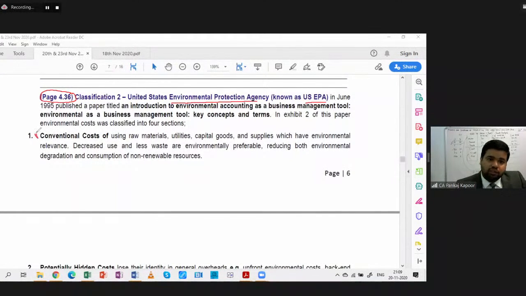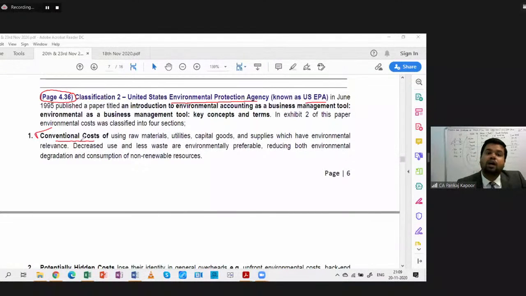What are those categories? The first category is the conventional cost. What does it say? If any company is using coal to produce energy, obviously using coal leads to harm. One, it will generate pollution. Secondly, it is limitedly available in the ecology. Hence, we are using some part of the ecology which we should not.